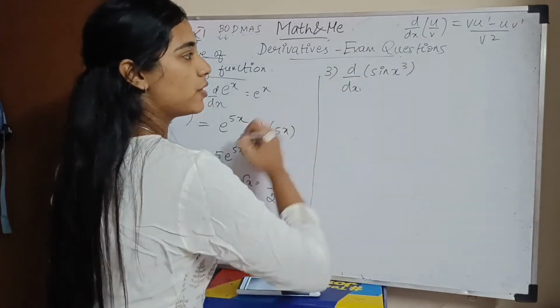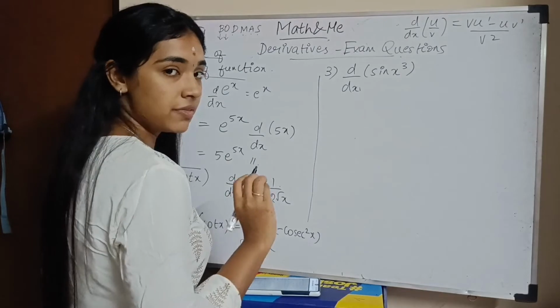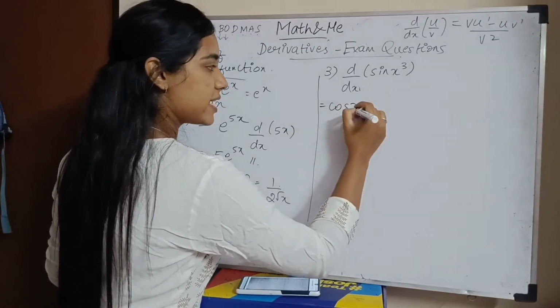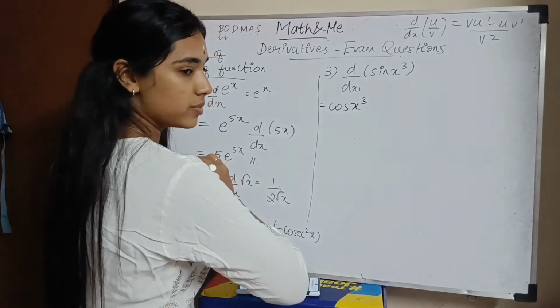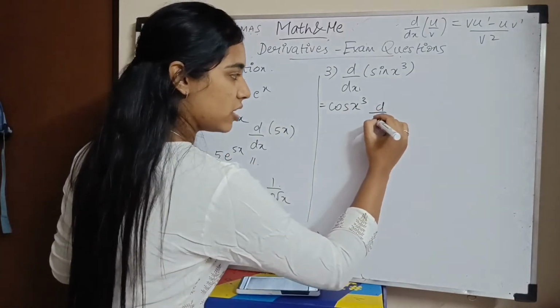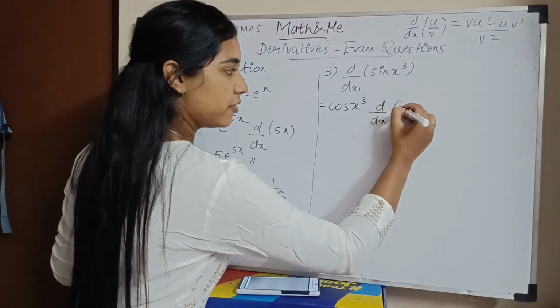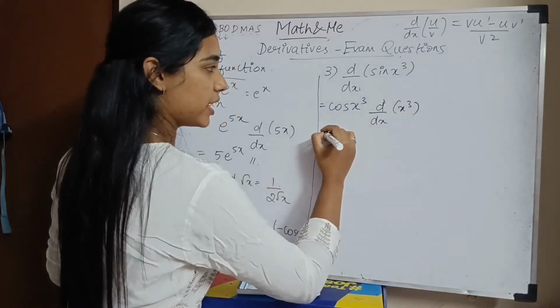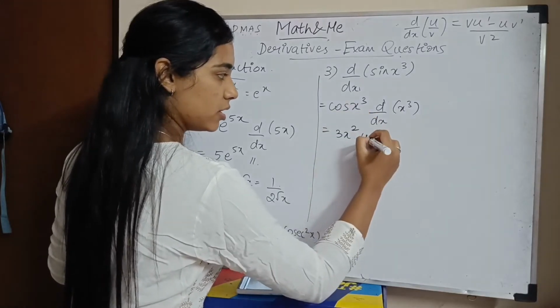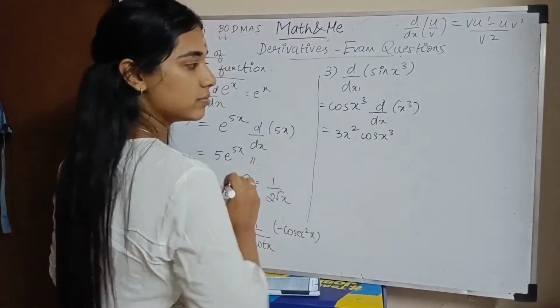First you take the derivative of sine x. Sine x or a derivative cos x. So in this case, cos x, what is your x? It is x cube. What is your function? It is x cube. So cos x cube. But in turn, you have to take the derivative of x cube. So what do you get? 3x square times cos x cube.